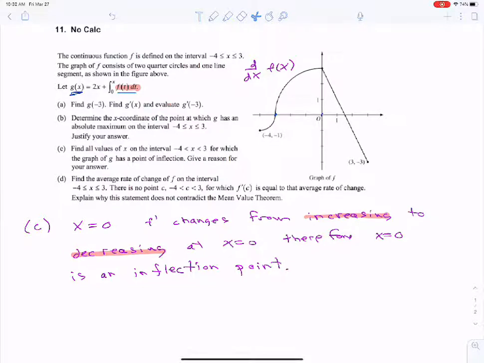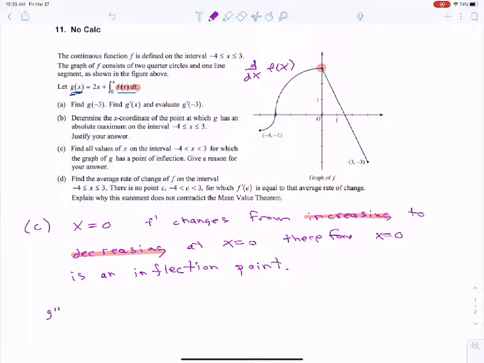Remember, this is a derivative function that I'm looking at here. When we go to g double prime of x, all we're looking at is the derivative of this function right here. Okay, so changes occur where the derivative is 0, and there are no zeros, but also where it's undefined, and we have a cusp or a corner there. So that right there, we have an issue. At x equals 0 is my inflection point.